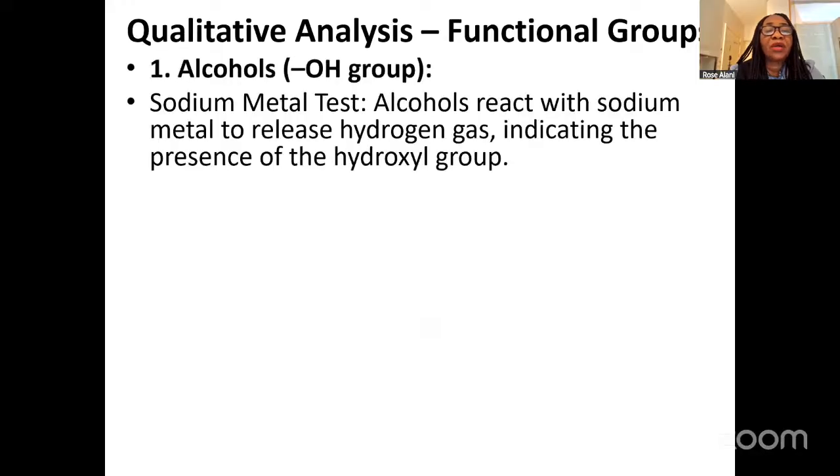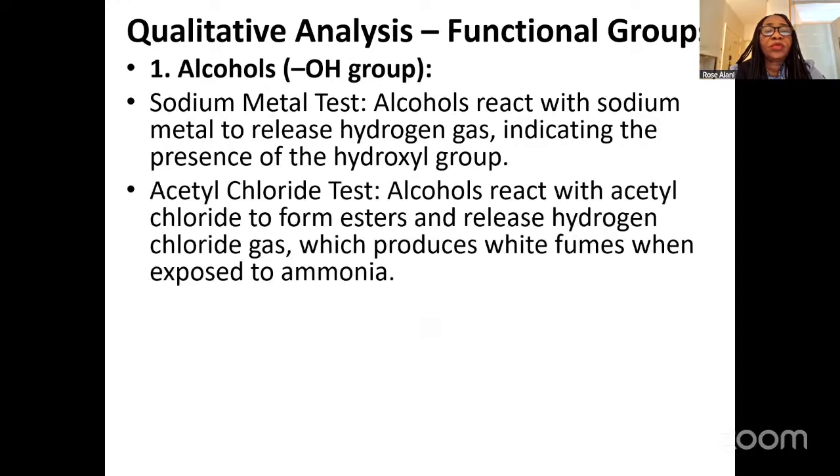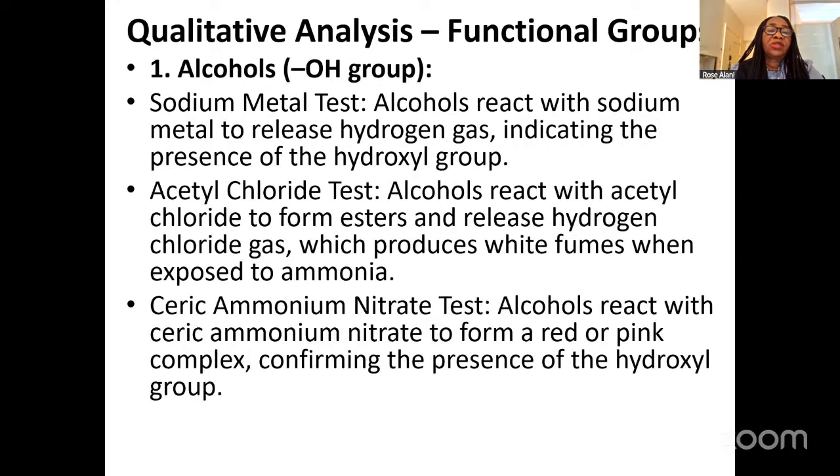For alcohol, the OH group, we have the sodium metal test. Alcohols react with sodium metal to release hydrogen gas, which indicates the presence of the hydroxyl group. Also for alcohol, we can carry out the acetyl chloride test.